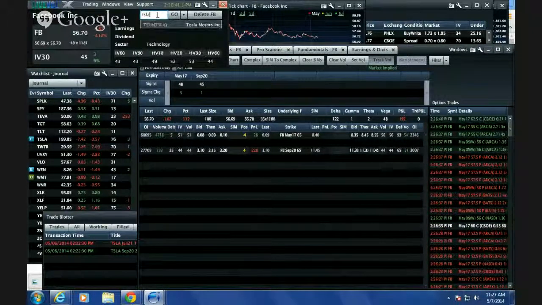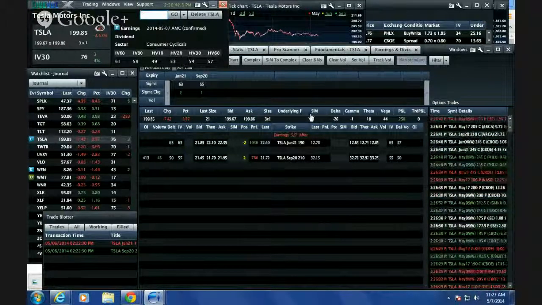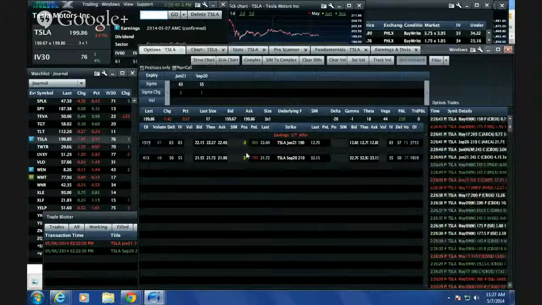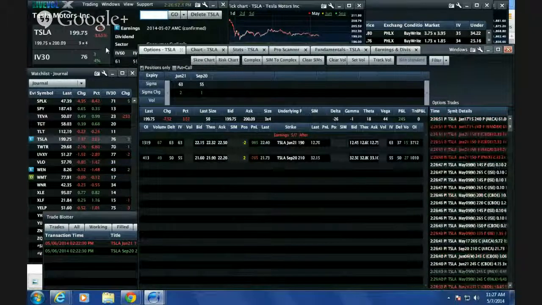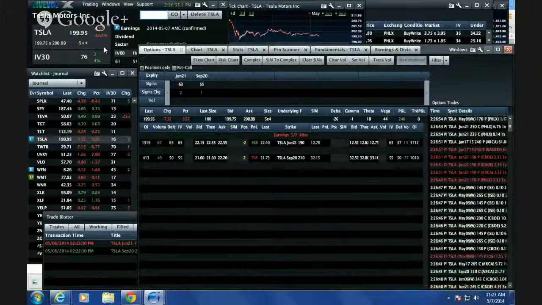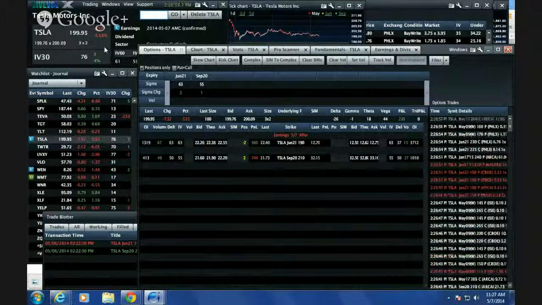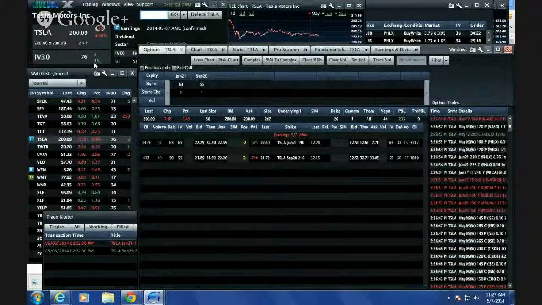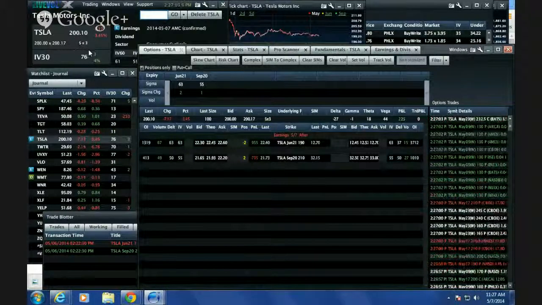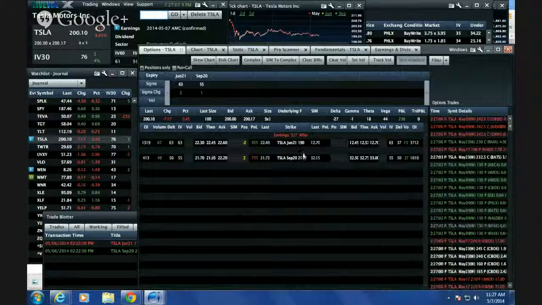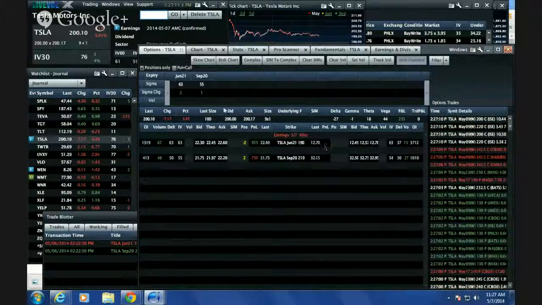In Tesla, one of the things I liked, other than the price action, is that as Tesla goes down, and I was grouping Tesla with Facebook because they're the same kind of grouping, up-and-comers, pretty exciting, but still very growth-stock oriented, I sold the 190 calls and owned the 210 calls so they could offset each other.